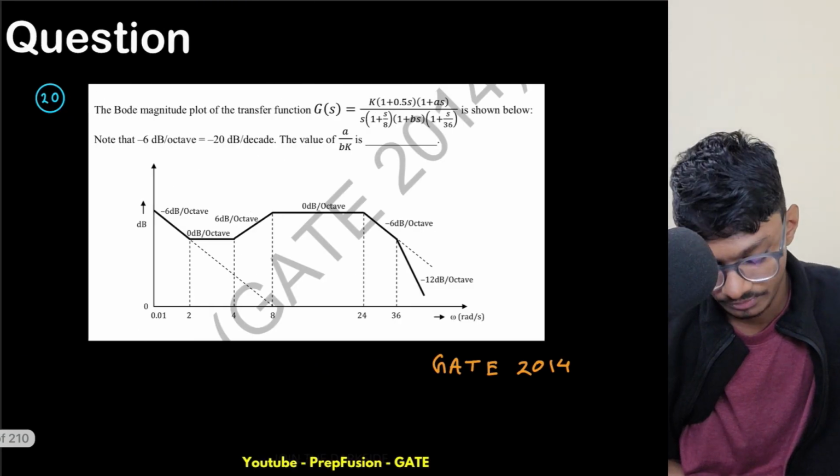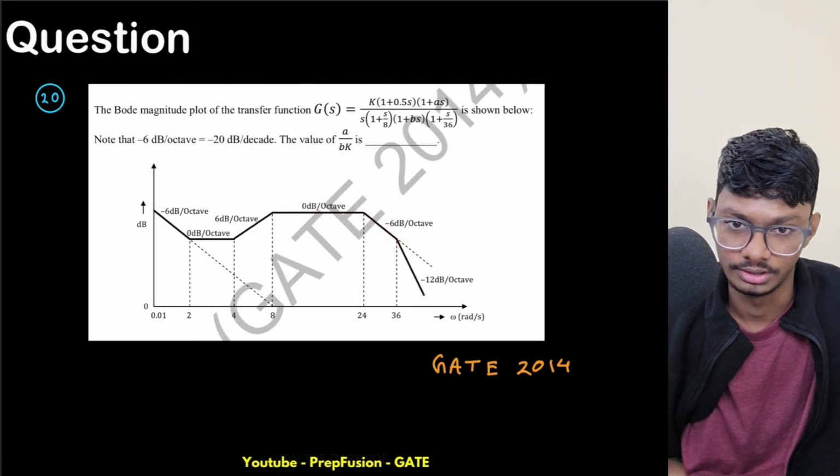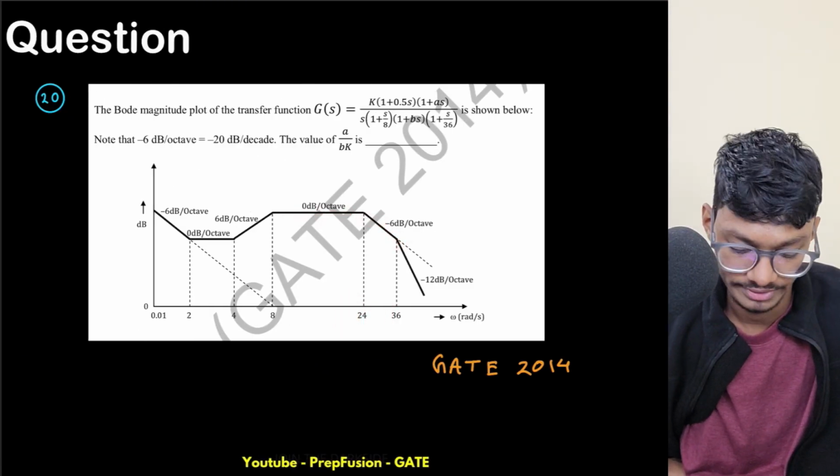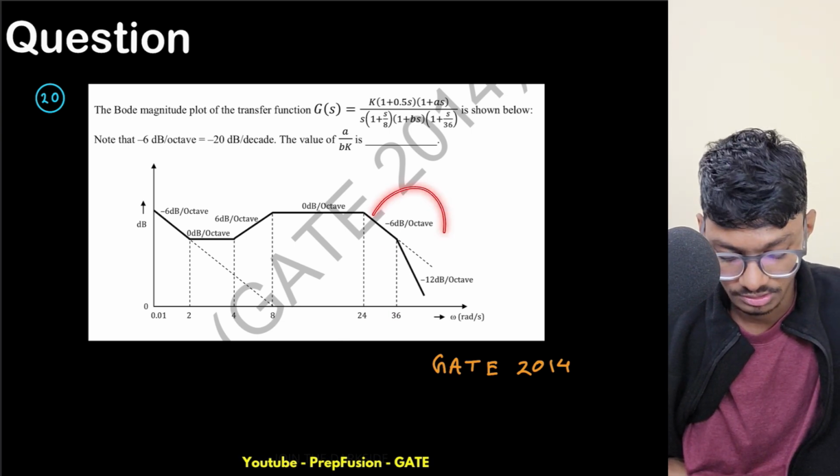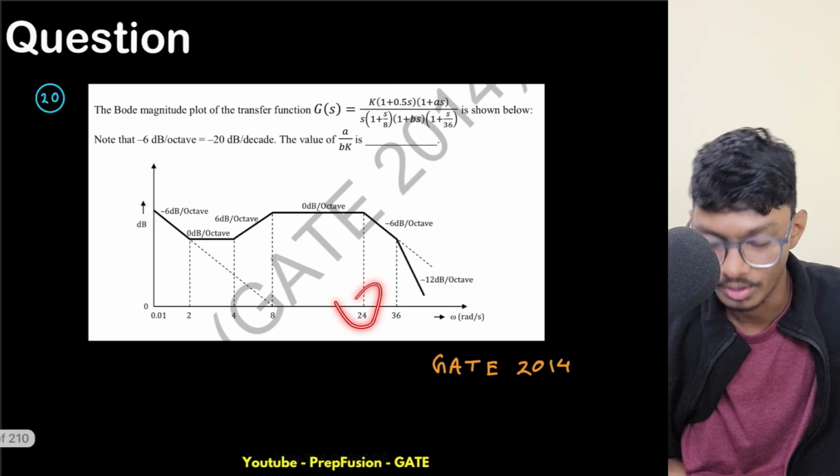After that, what is happening? This is again further reducing. So at omega equals 24, my slope is becoming minus 6 dB per octave. So again I have a pole at omega equals 24.